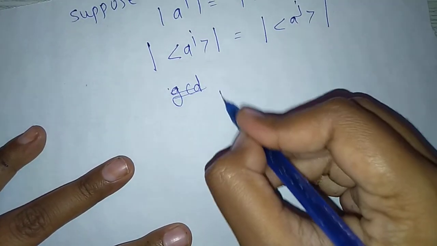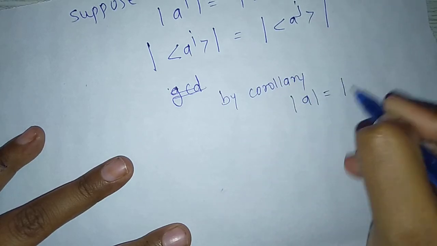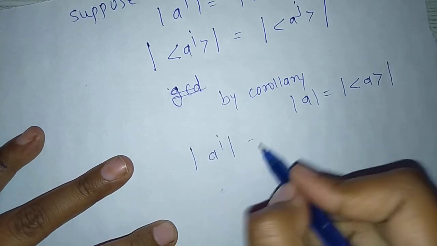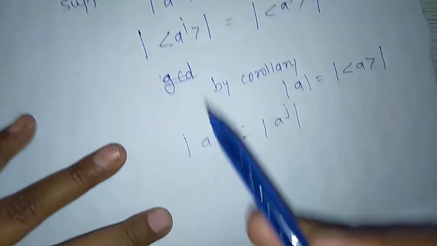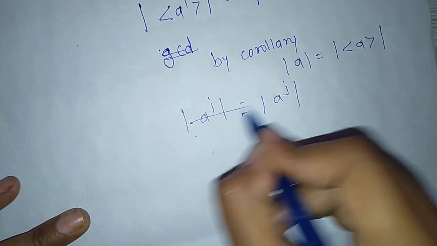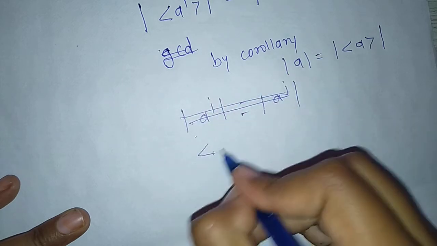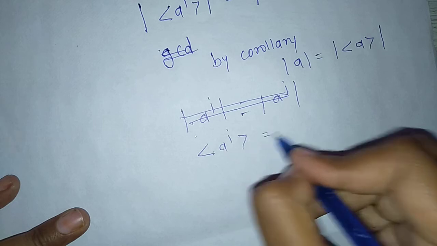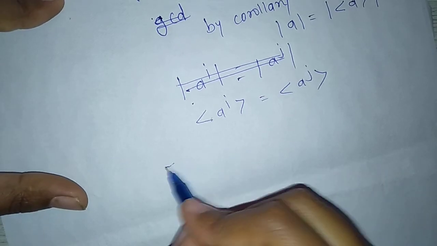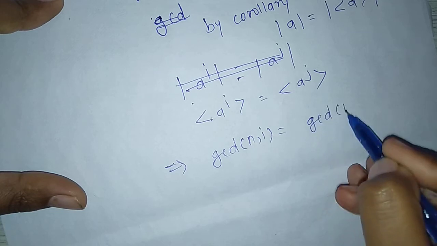By corollary, order of a equals order of the set generated by a, we get the set generated by a raised to i equal to the set generated by a raised to j, which gives GCD of ni equals GCD of nj.